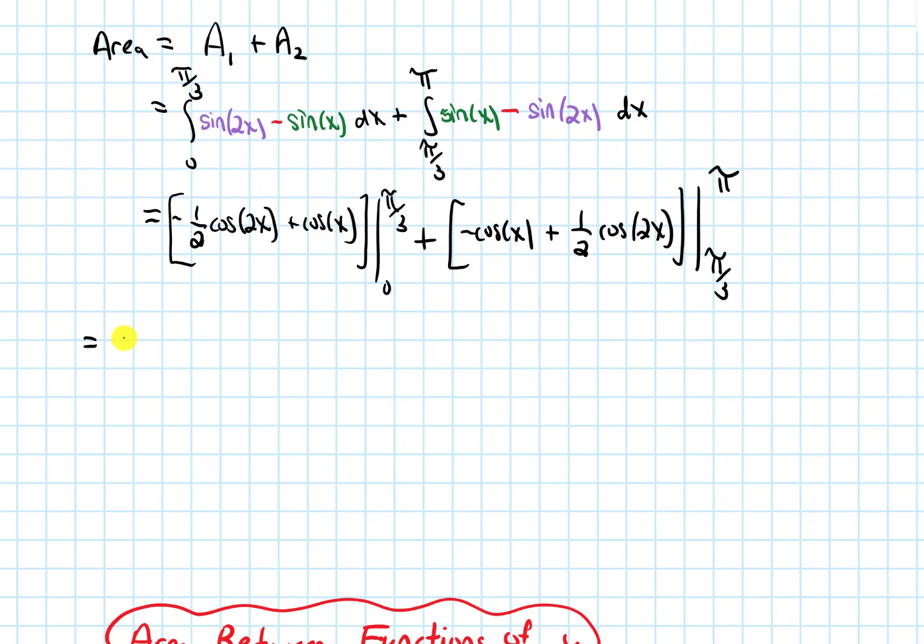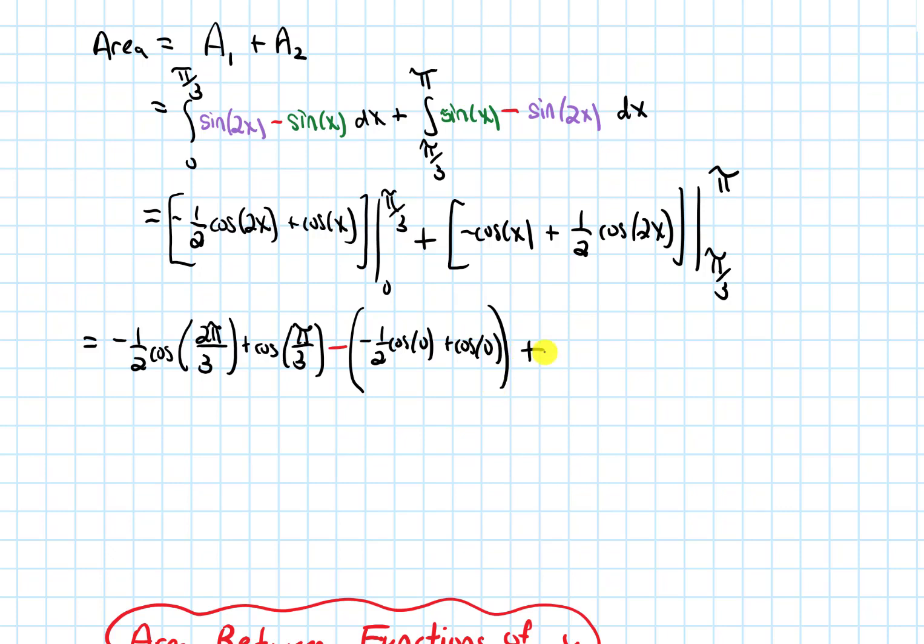Okay, so plugging pi over 3 into this, I get negative 1/2 cosine of 2 pi over 3 plus cosine of pi over 3. And then I have minus, I'll put a big parentheses. Now I plug in 0 into this. So I get negative 1/2 cosine of 0 plus cosine of 0. All right, and then I have plus. Now I'm going to plug in pi into my terms.